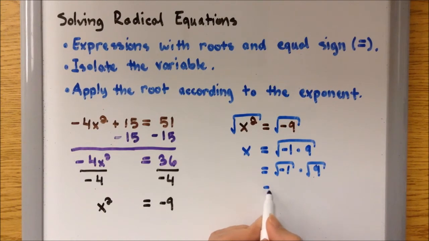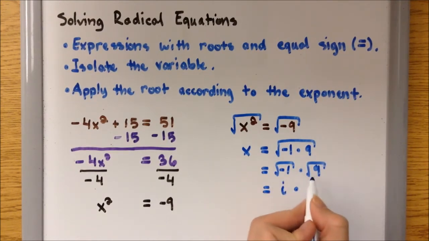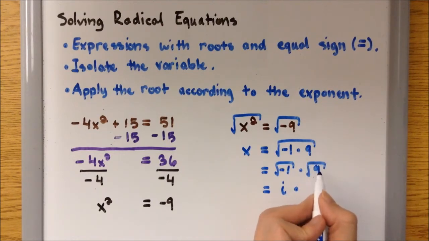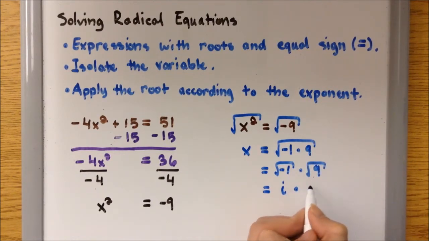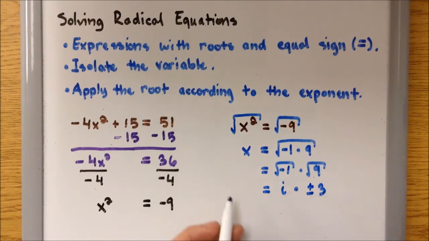So when we have that, the square root of negative 1 is simply changed to i, multiplication, and then the square root of 9 will be, since we're doing a square root and it's a perfect square number, positive and negative 3. So i times positive and negative 3, therefore x will equal positive negative 3i.